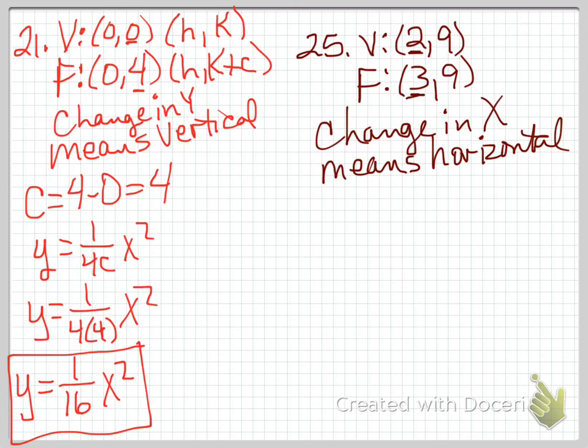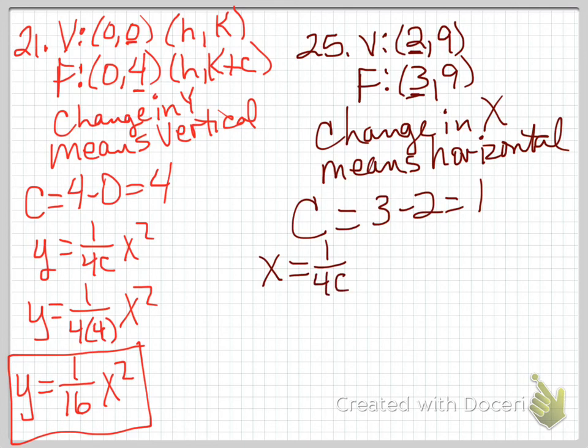Now let's look at the change. Let's look at the focal length. So c is 3 minus 2, or 1. So I have a focal length of 1. Okay, now since this is a horizontal graph, I'm going to use x is equal to 1 over 4c times y minus k squared plus h.